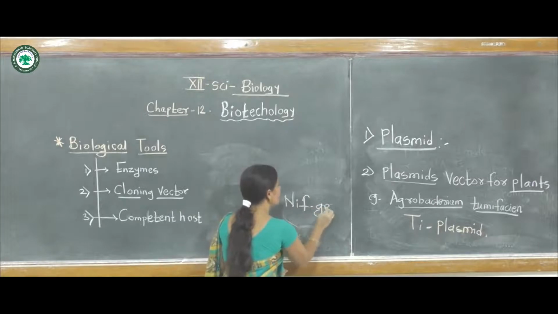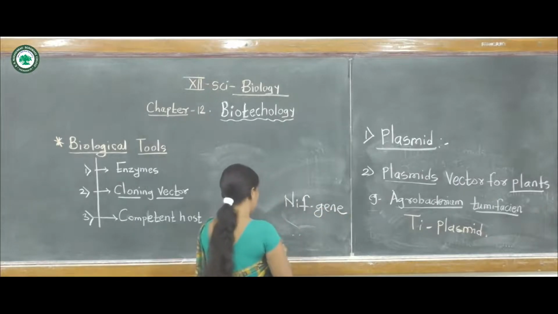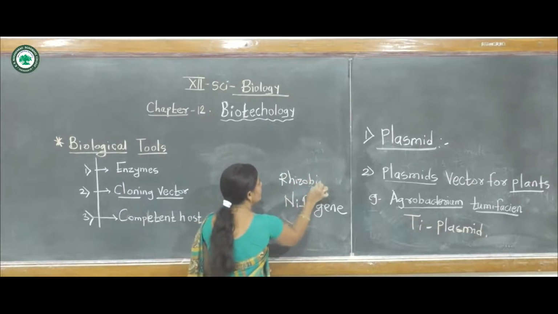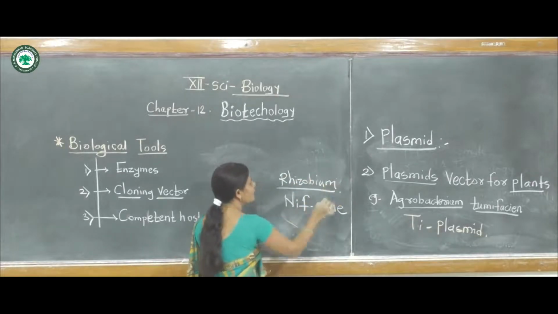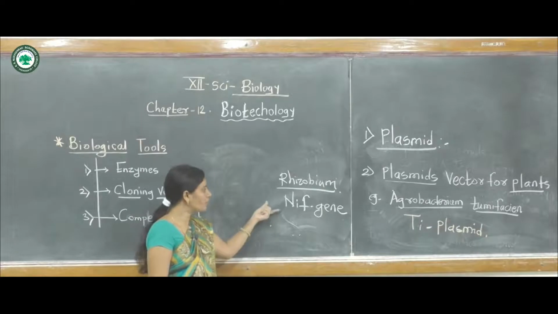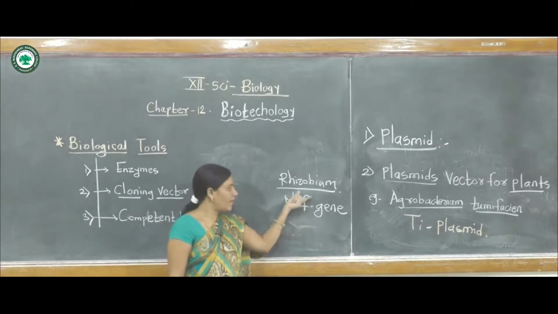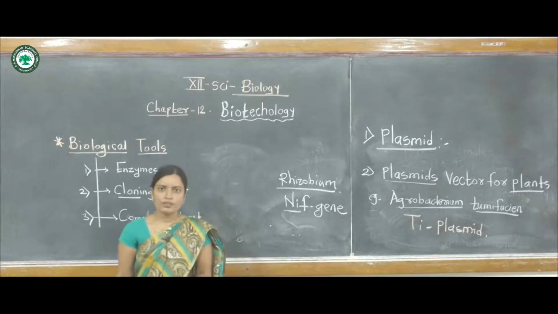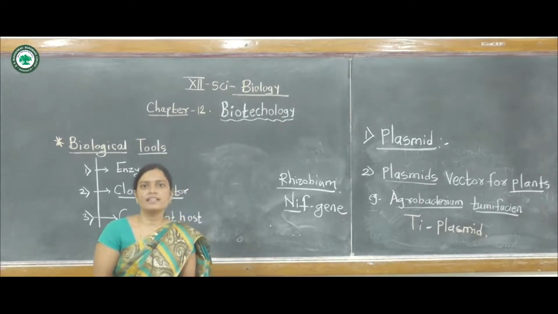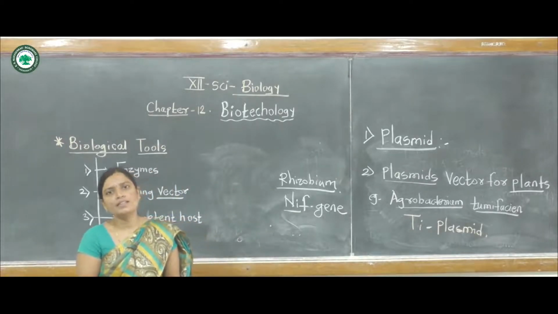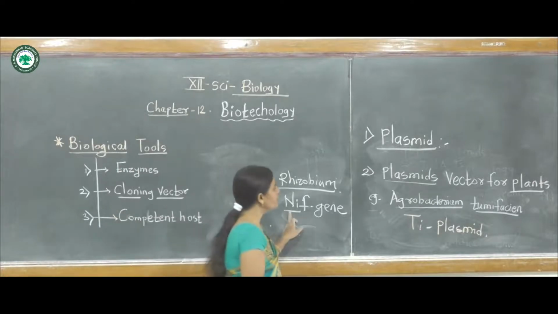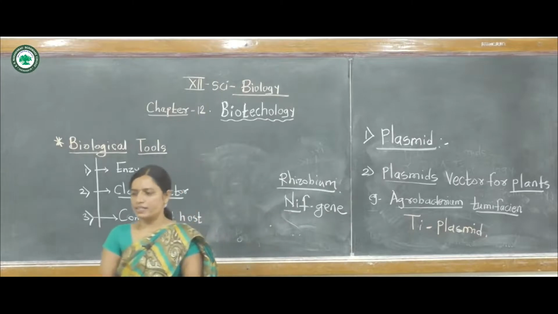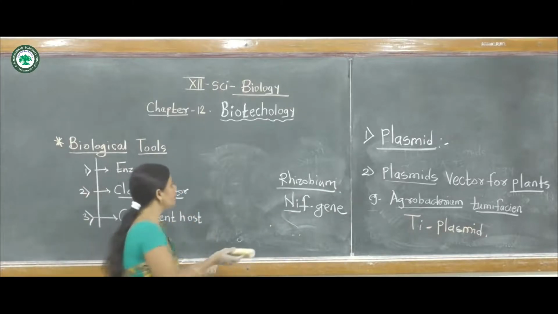The NIF gene is found in Rhizobium, another type of bacterium. It is present in the root nodules of plants, and its most important function is nitrogen fixation. This NIF gene can also be introduced through the Ti plasmid into another cell, as shown in some diagrammatic representation.